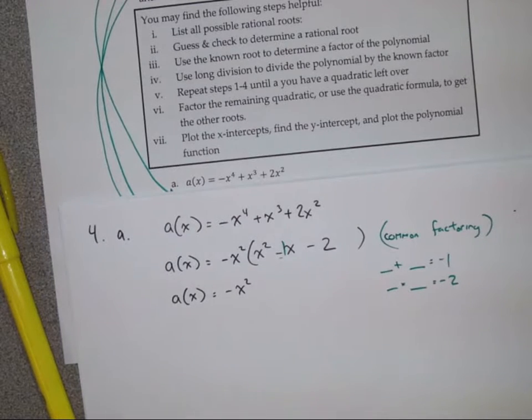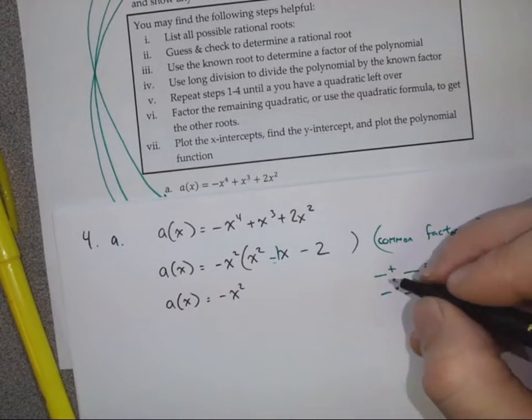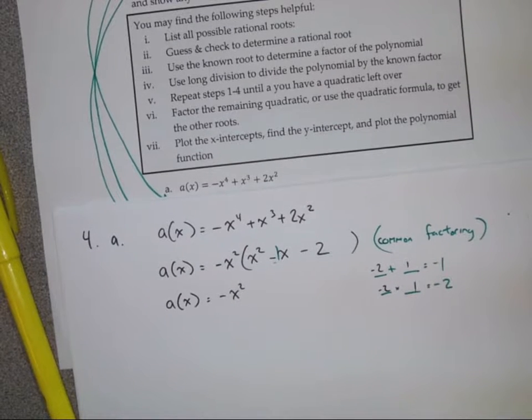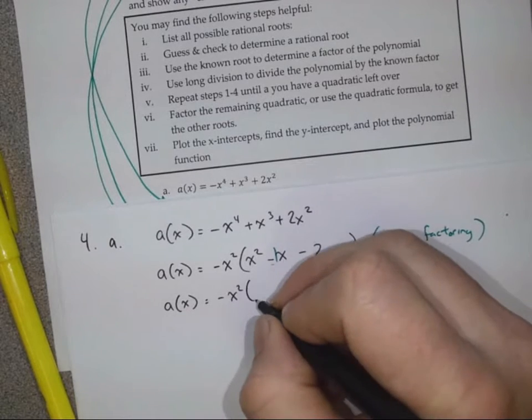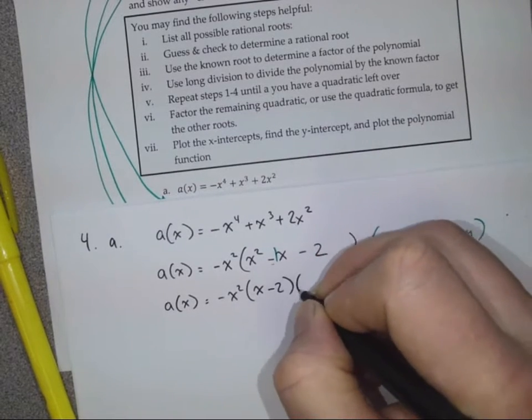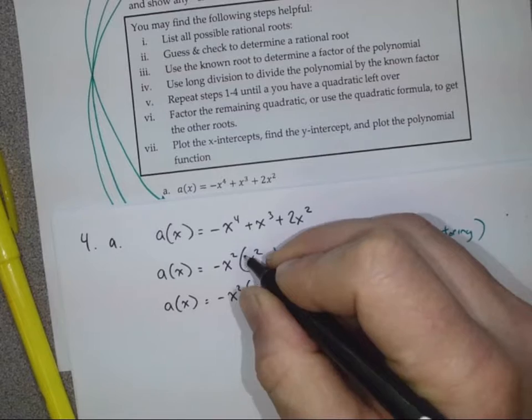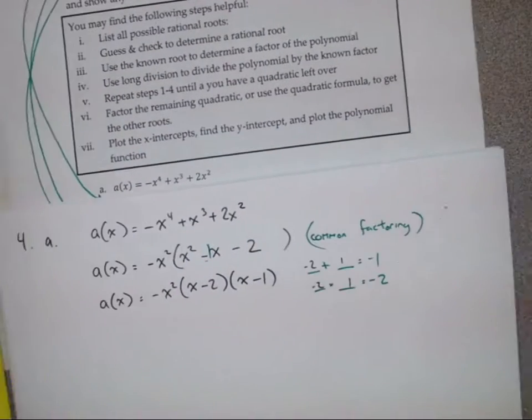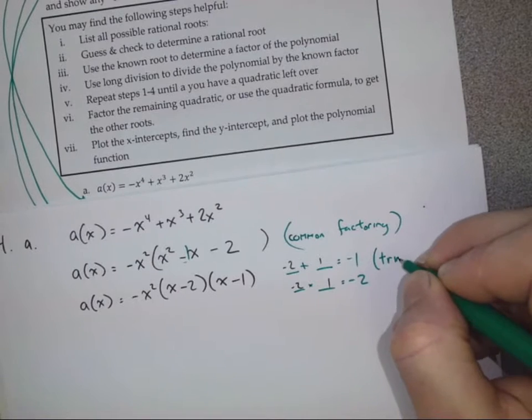Are there numbers that add to -1 and multiply to -2? I think it's -2 and 1. Am I right? -2 and 1. I think that is correct. Okay, cool. So that means I could really write that as x minus 2, x minus 1, because my leading coefficient here was just a 1, which allows me just to jump straight to there. And that's, of course, trinomial factoring.